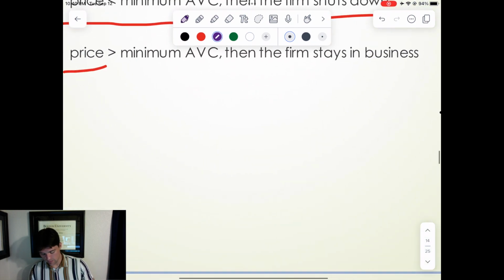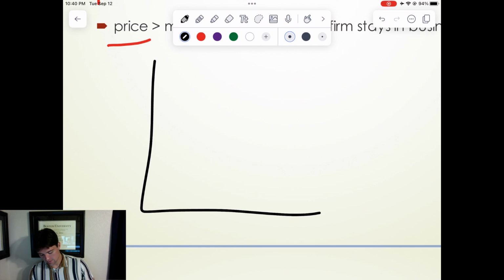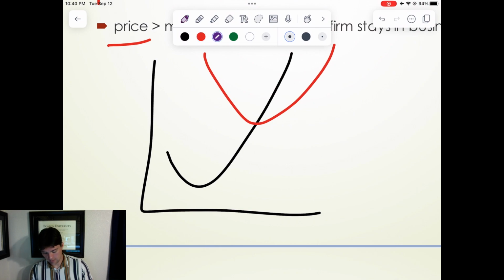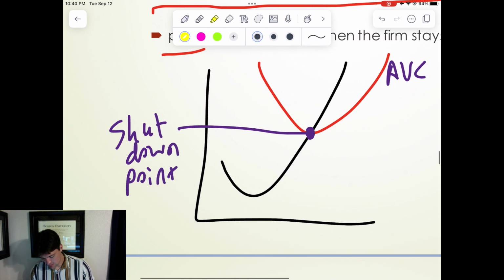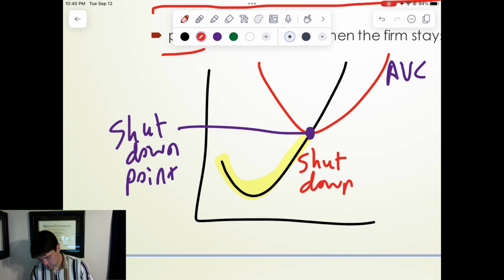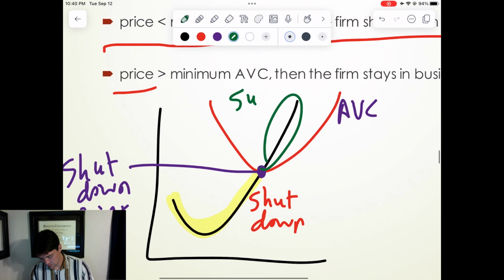So basically, if we were to have a situation like this, where we have the marginal cost and then the average variable cost here, this point right here, that's the average variable cost. The lowest price you could go before you have to shut down is here. So that is the shutdown point. So everything here, we shut down. Everything here, we're going to supply.